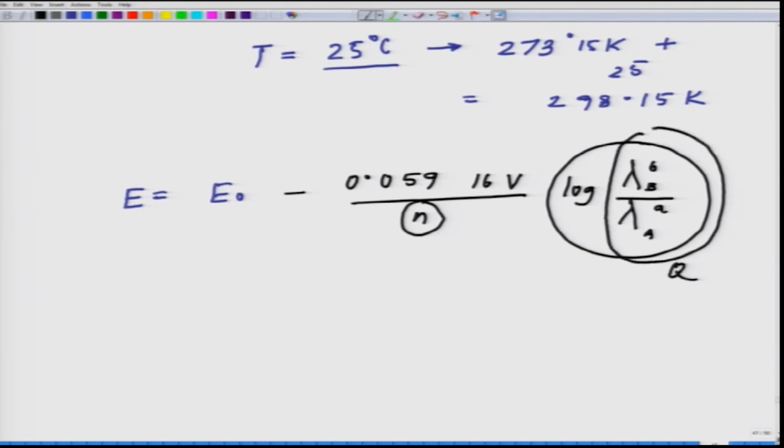For each factor of 10 change in Q, this is the amount which is changing out here.